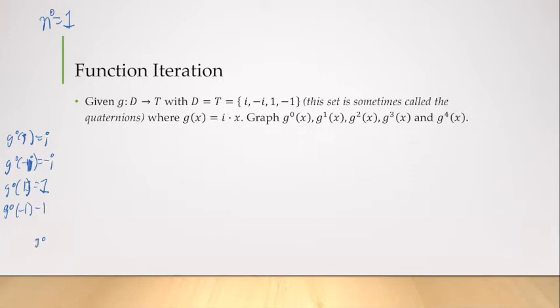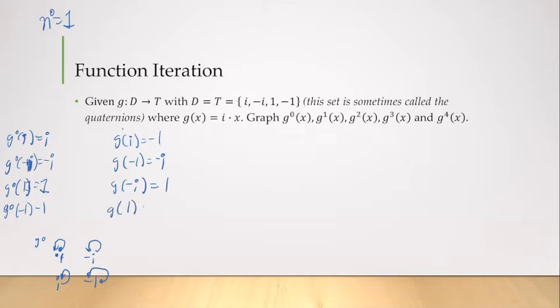So g^0 has each element mapping to itself. g^1, which we worked through earlier, has that i goes to negative 1, negative 1 goes to negative i, negative i goes to 1, and 1 goes to i.